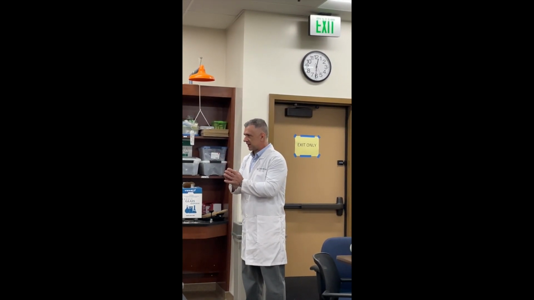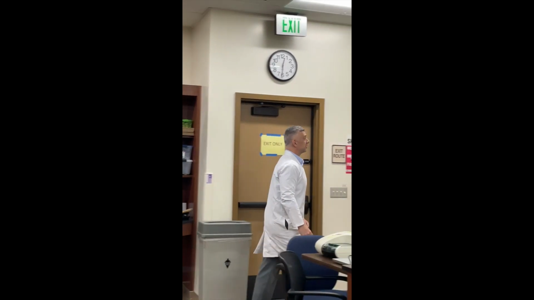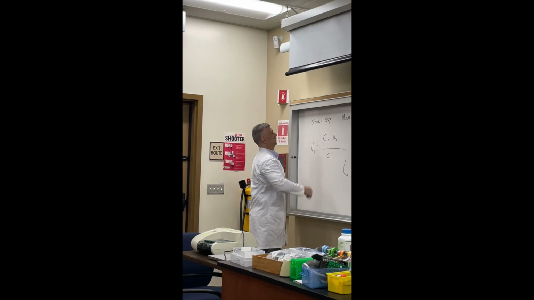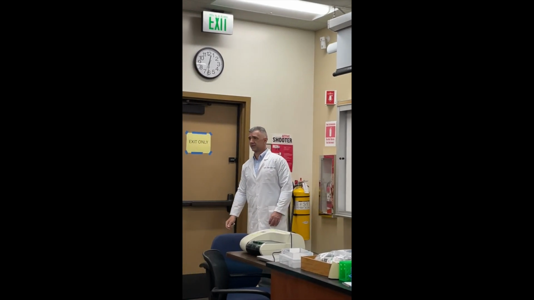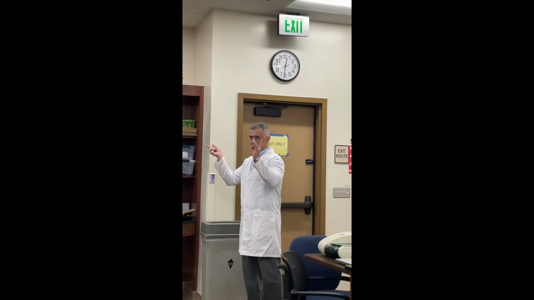Your stock is always going to be more concentrated than what you're making. And here, look, it's a difference of an order of magnitude, isn't it? And so I guesstimated that I'm going to drop down to milliliters because I understood the metric system. And you get the same answer.